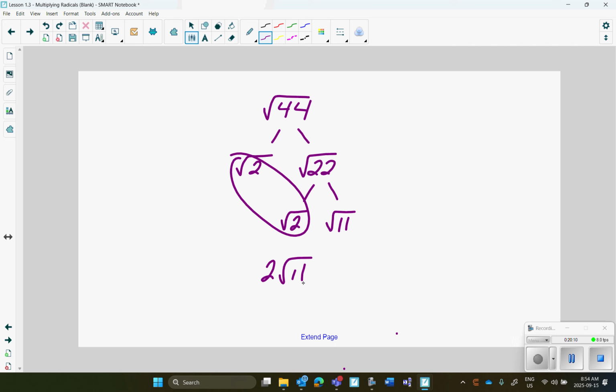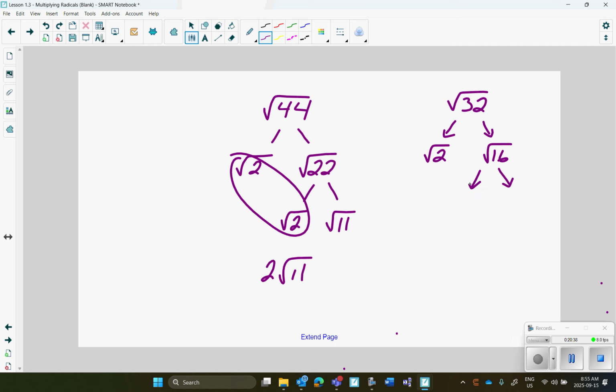Doesn't mean you have to do it this way. I'm just trying to show you another way where you don't have to think of higher perfect squares. Remember, with some of them, sometimes there's more than one perfect square. So I would go, okay, root 2 is the smallest, and it's 16.